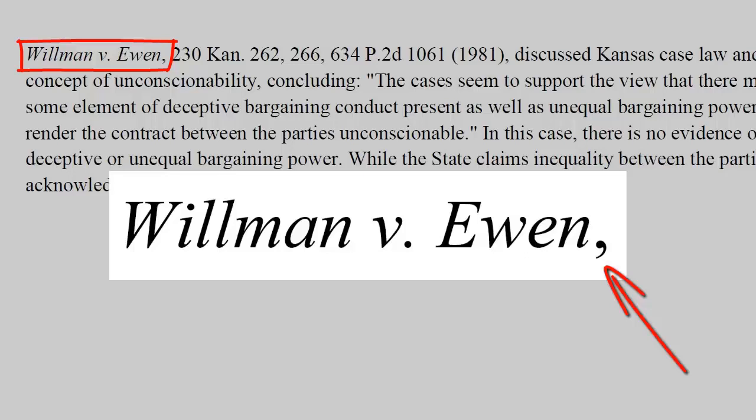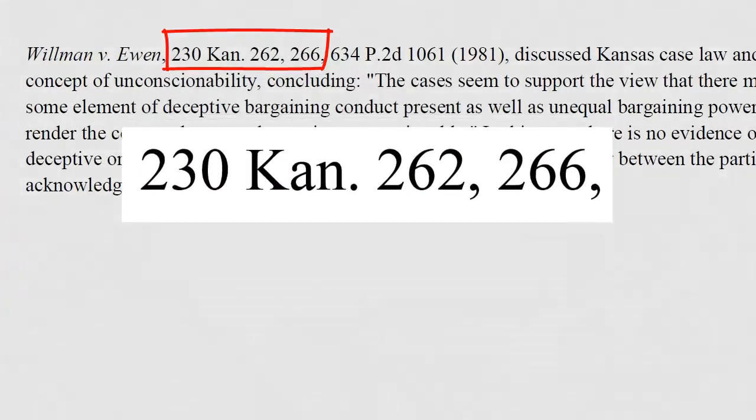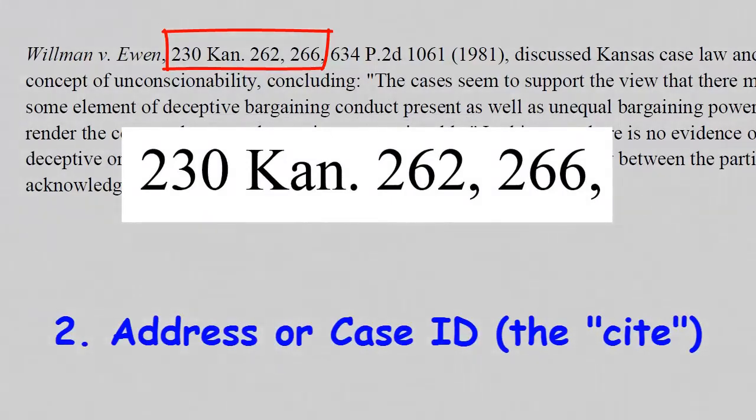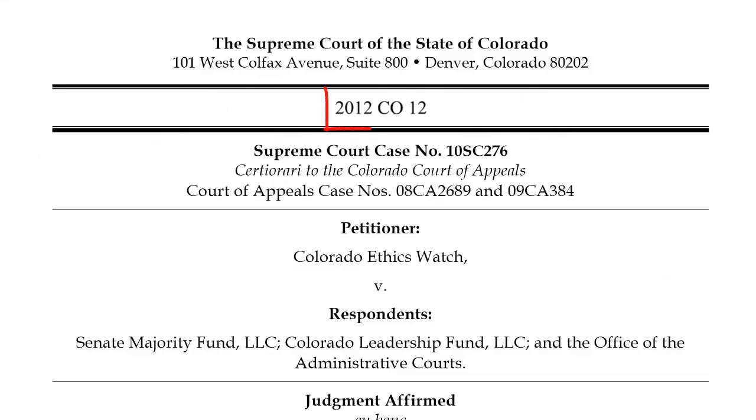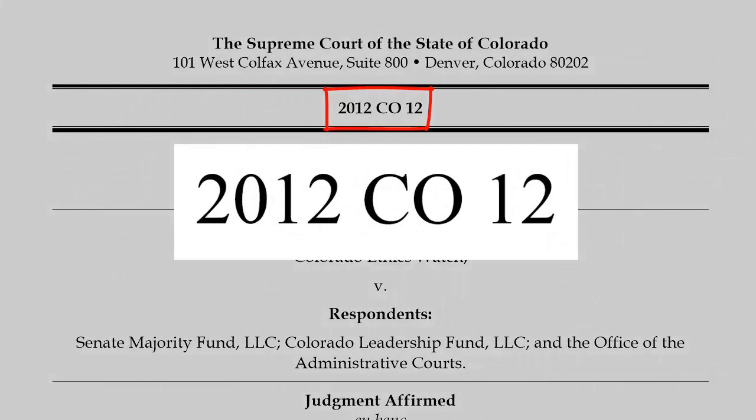That next element is the ID or address for the case. This is sometimes referred to just by itself as the cite or citation. If the jurisdiction has implemented a system of medium-neutral or non-print dependent citation, that system provides the primary ID.